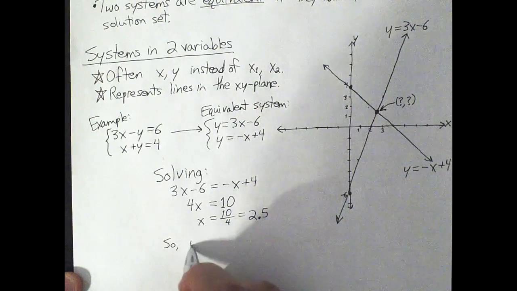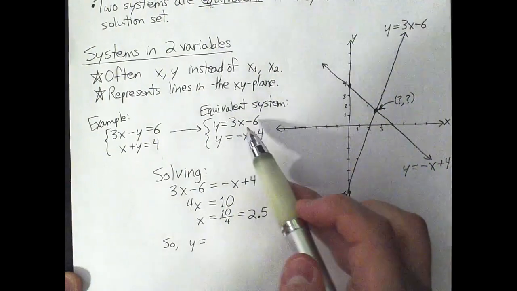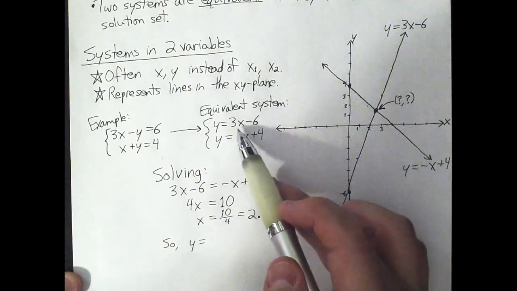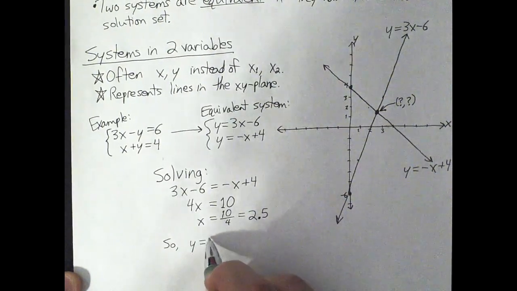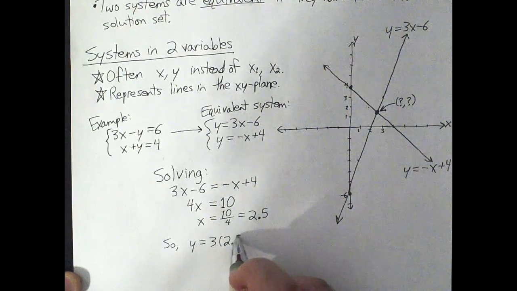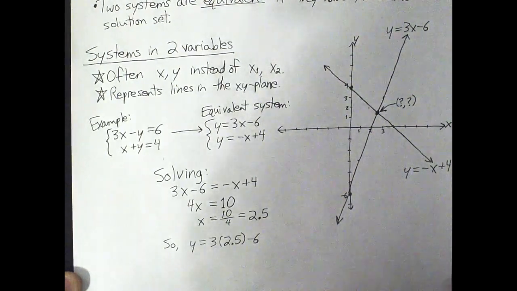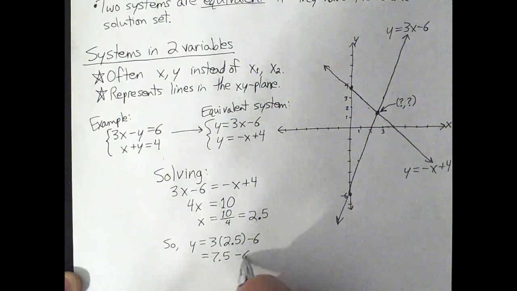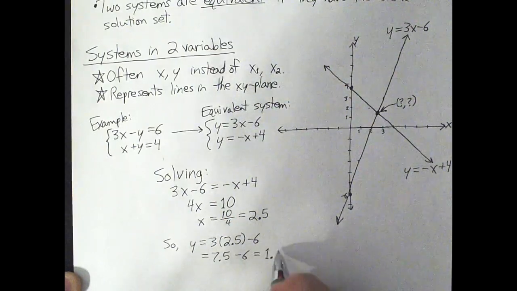So what is y? Well, y is 3x minus 6, right? You could use the other equation if you wanted, but let's just use 3x minus 6. So 3 times 2.5 minus 6 gives me 7.5 minus 6, or 1.5.